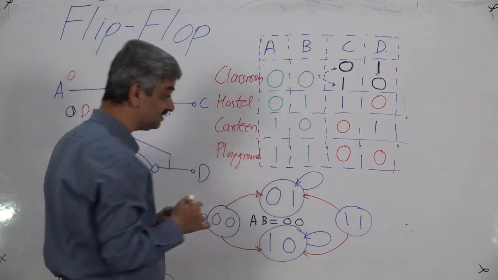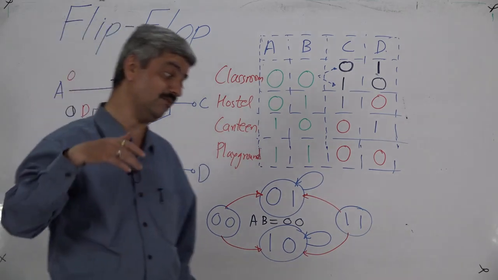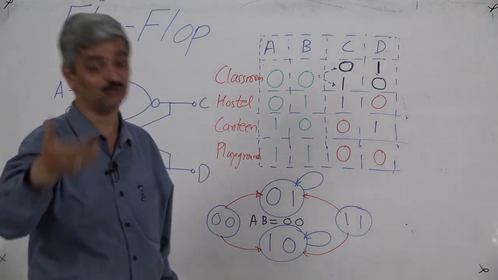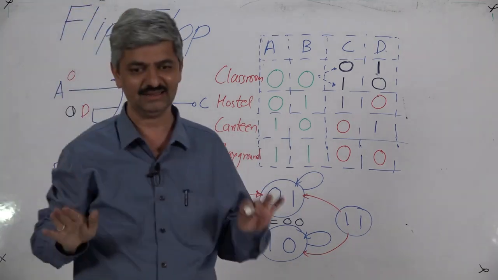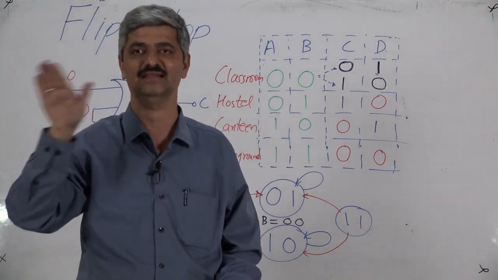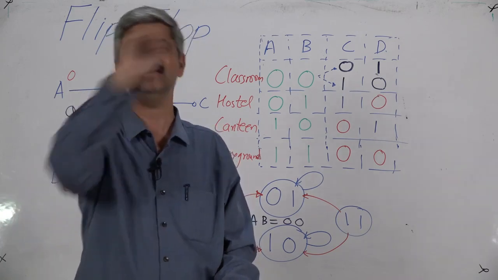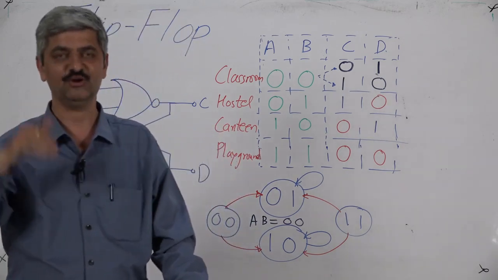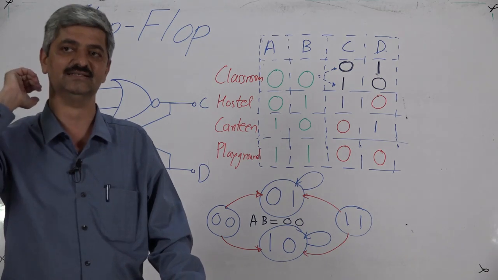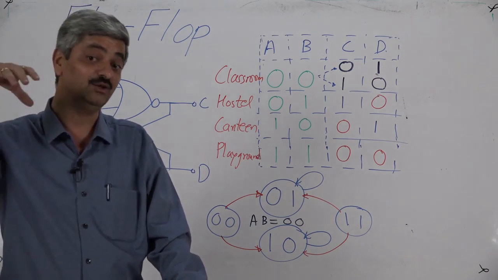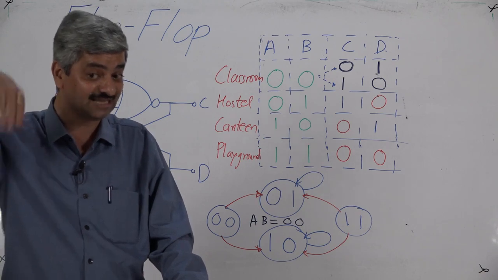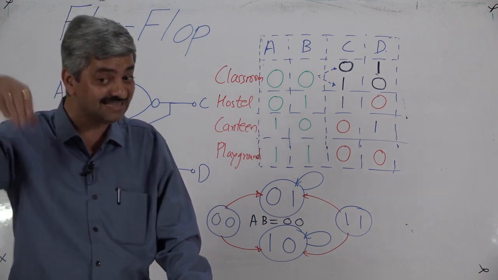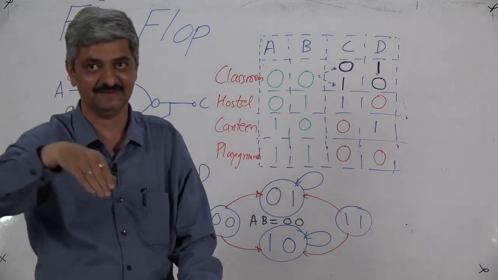What matters? If you come from the hostel room to the classroom, it is expected that you have studied well and you will listen and understand well. If you come from the canteen, chances are less. If you come from the playground, chances are further less. So you are in the classroom, the input state is classroom, but the previous input state was one of these three.